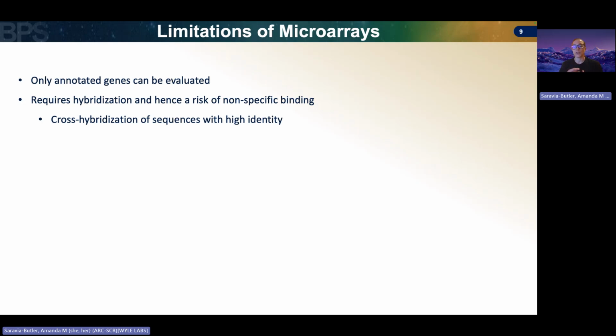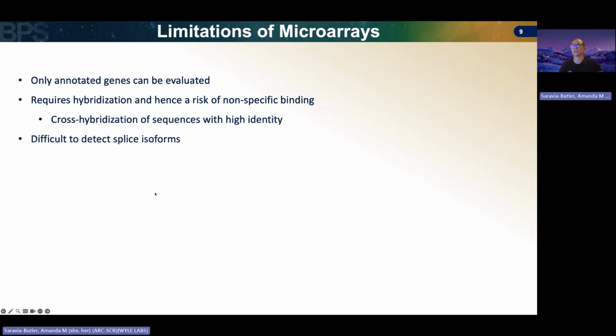That means that although something that's complementary to the probe will bind, it doesn't have to be exactly complementary. So if a handful of nucleotides are not complementary to the probe, it may still bind enough to be able to release a signal. So you could get some non-specific binding and also cross-hybridization of sequences with high identity.